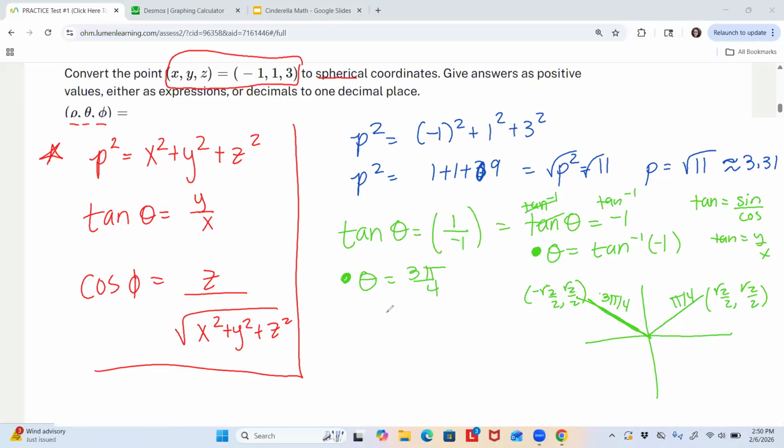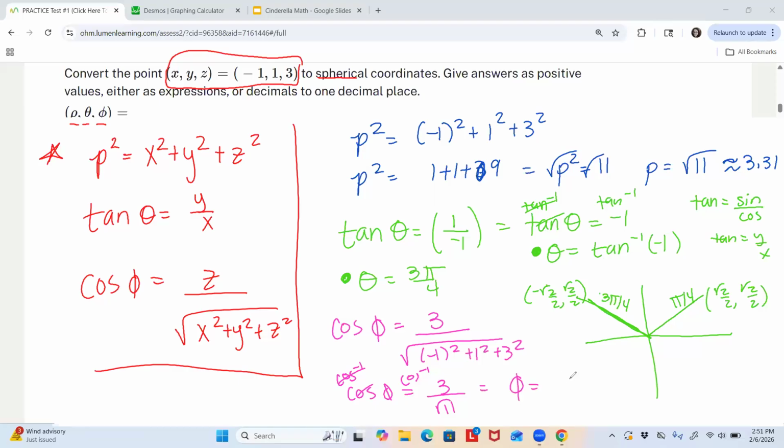And finally, we have cos of phi, sorry if that's not how you say it, equals z, so 3 over the square root of negative 1 squared plus 1 squared plus 3 squared. We already did that up at rho, so we get cos of phi is 3 over root 11. Take the inverse cos, and now this one it did take. So I just said phi is cos inverse of 3 over root 11, and it did accept that.